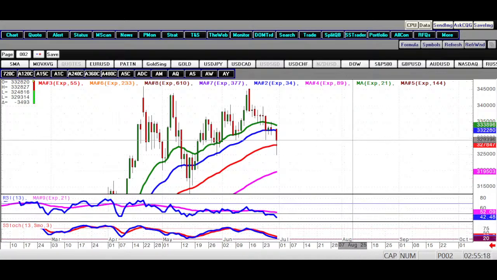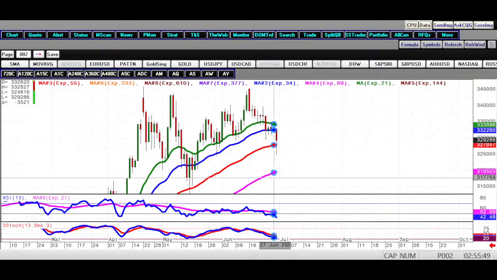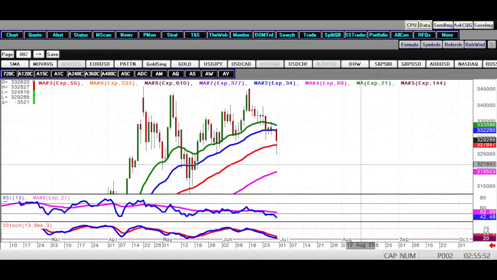First thing is we need to see the opening price. The opening price can be different levels. It can be weekly open, daily open, hourly open.